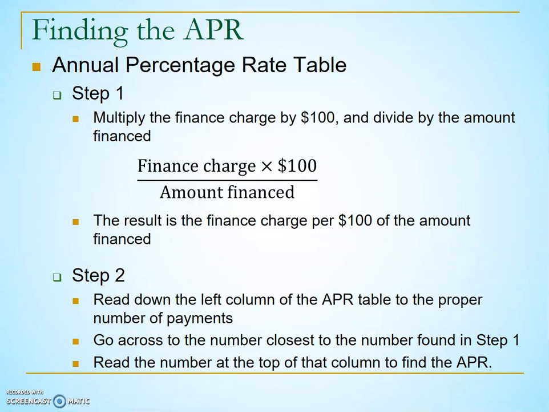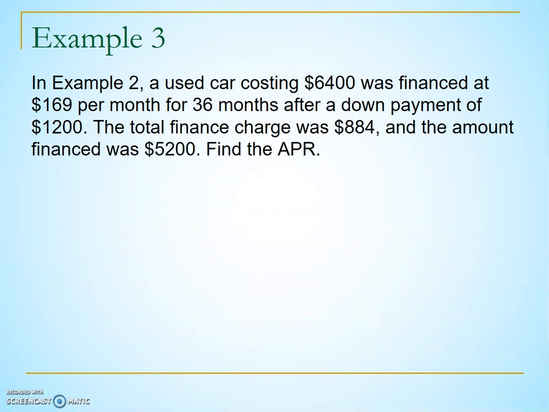To see this in action, let's use the previous example. In the previous example, Ed purchased a used car costing $6,400. This has a monthly payment of $169 per month for the 36 months after the $1,200 down payment.